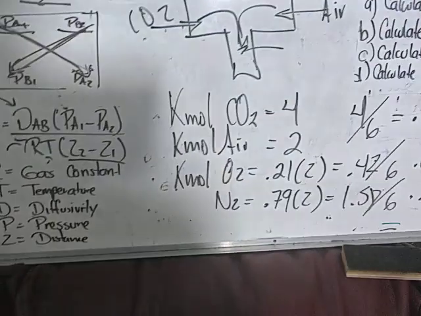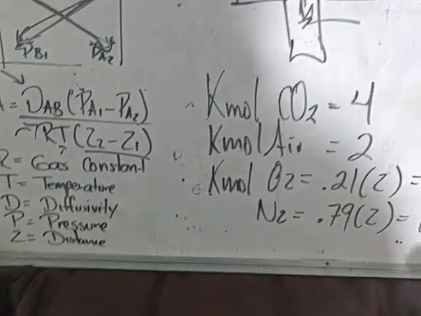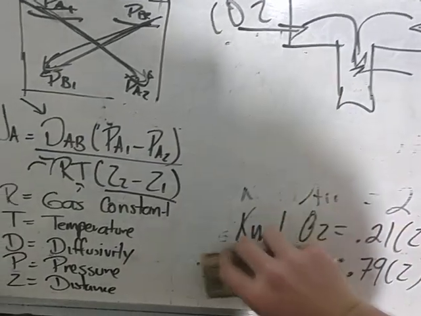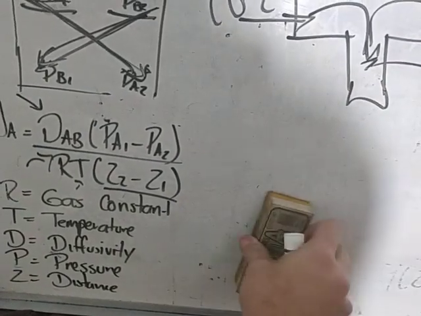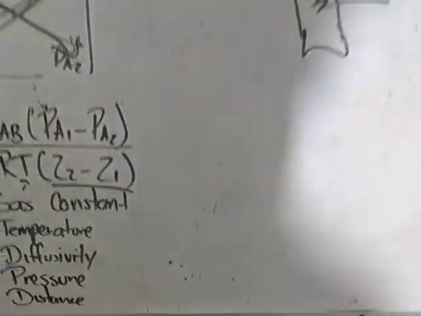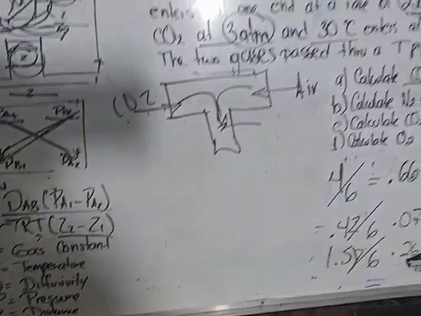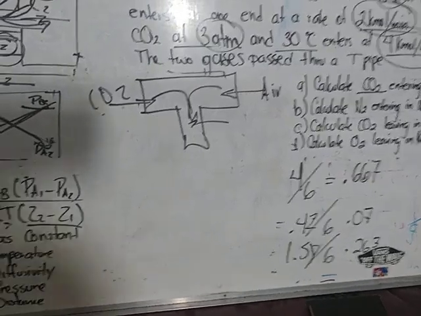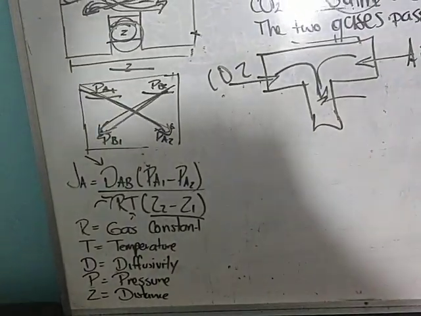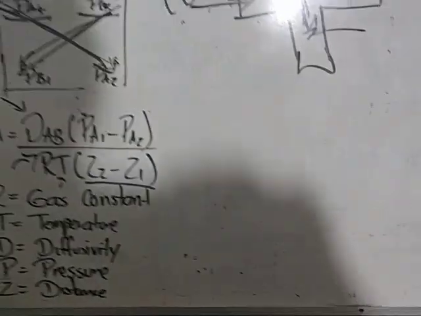Well, these values are going to be the ones that I'm going to use. How? When I consider the new pressure. The new pressure that I have is this one.